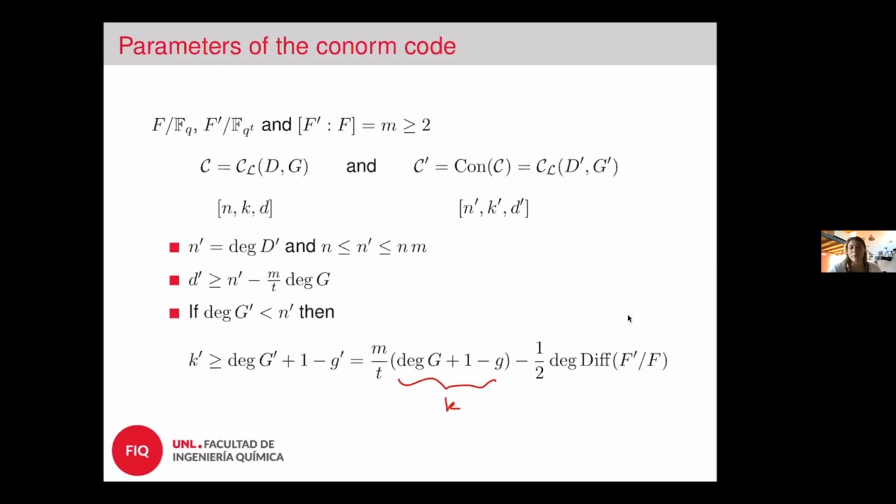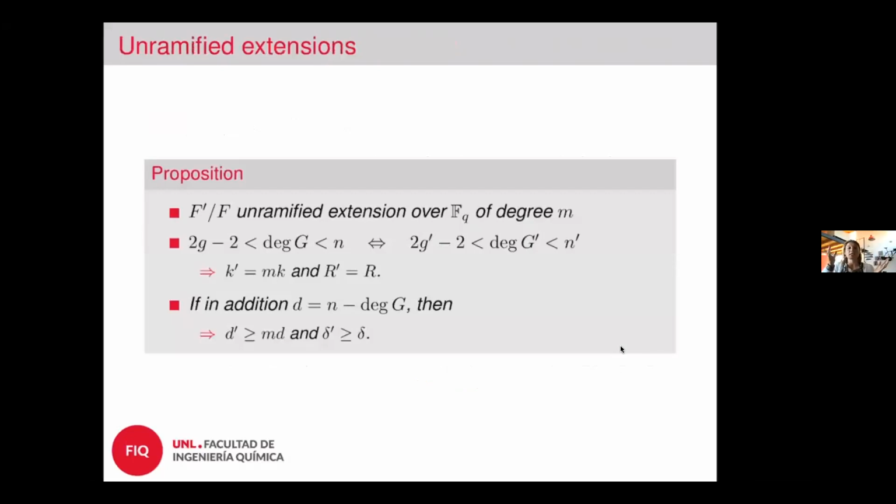So remember that this is more or less counting the ramification in that extension. So our first thought was to think, well, what happens if we have no ramification at all, if we have an unramified extension? Well, in this case, here I'm using F prime and F over the same constant field F_q. We have F_q, then F, and then F prime.